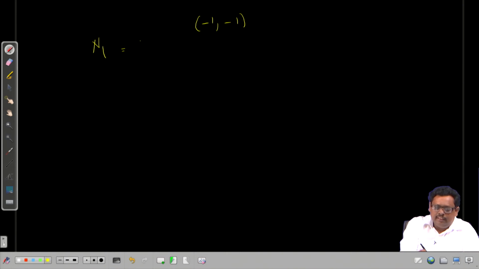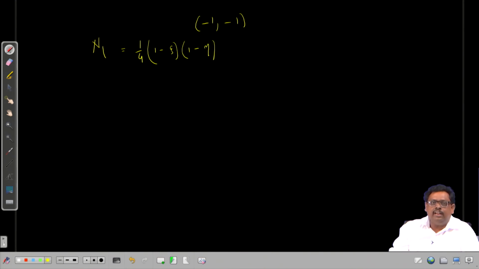It is very easy, and there is only one unique way you can do that: it should be (1 - xi) into (1 - eta). If you check, putting in (1, -1), or (-1, 1), or (1, 1), the value becomes 0, and if you take (-1, -1), then the value of N1 becomes 1, right.